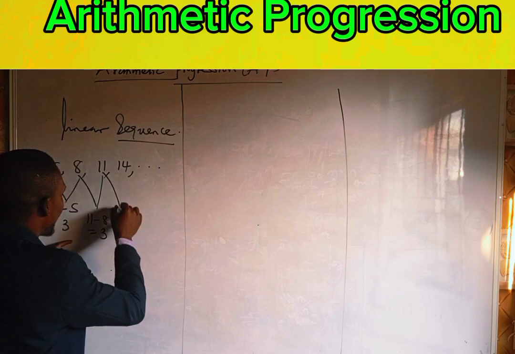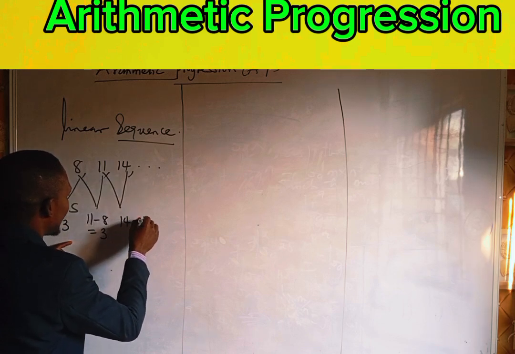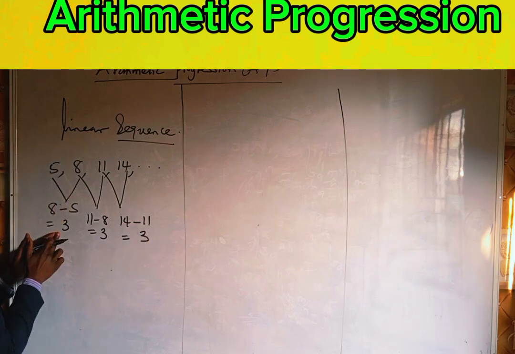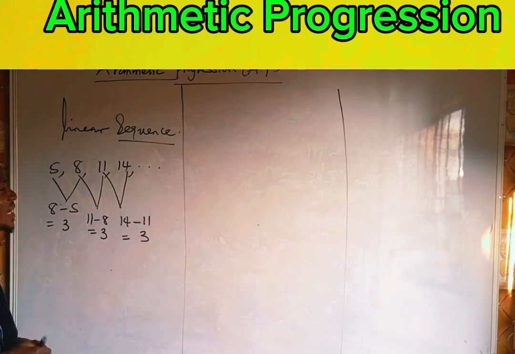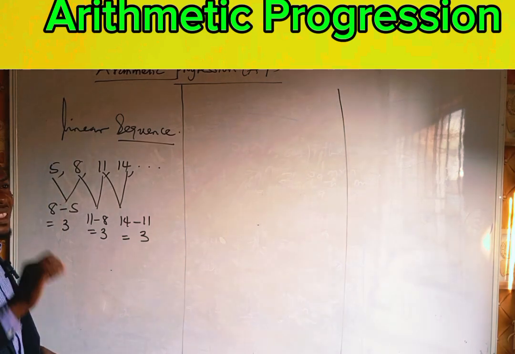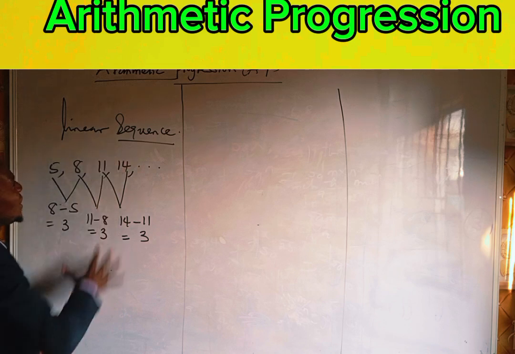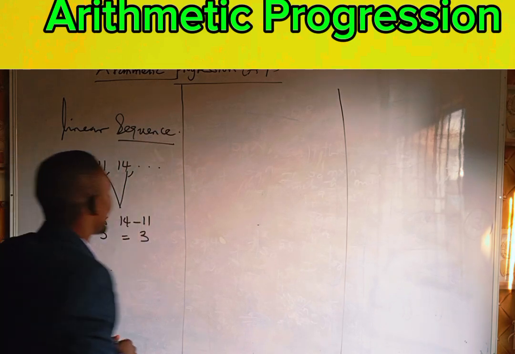Let me pick 11 and 14: 14 minus 11 is also 3. The difference here is 3, here is 3, here is 3. So the difference is the same throughout. Such a sequence is called a linear sequence or arithmetic progression.